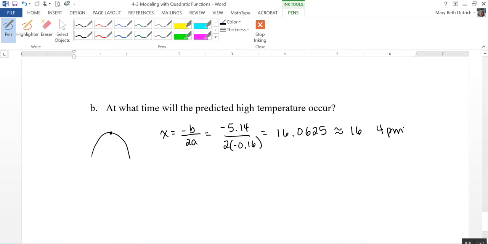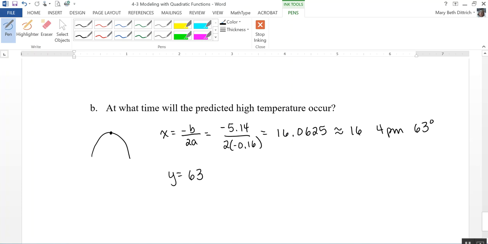And just out of curiosity, what would my high temperature be at that time? I put 16 into the function, and I get that y is approximately equal to 63. So at 4 p.m., the temperature is approximately 63 degrees.